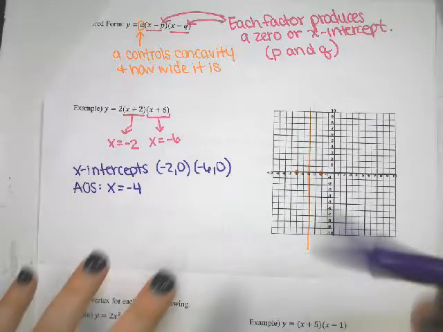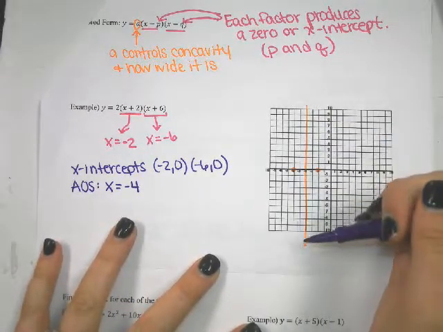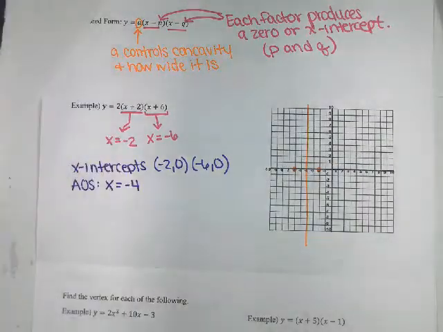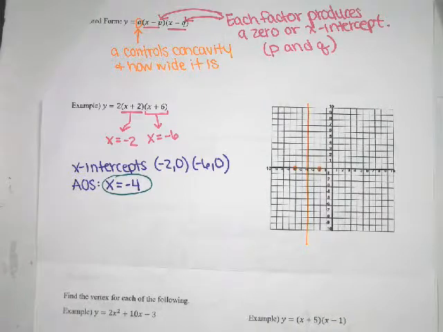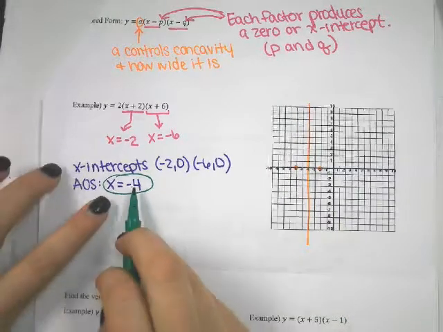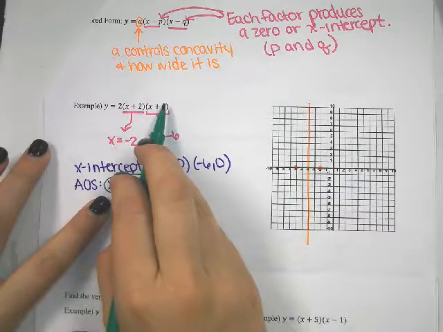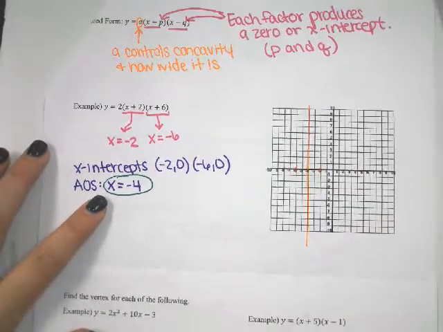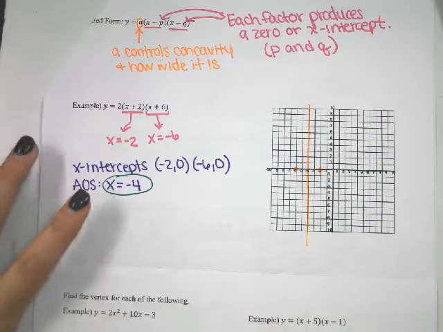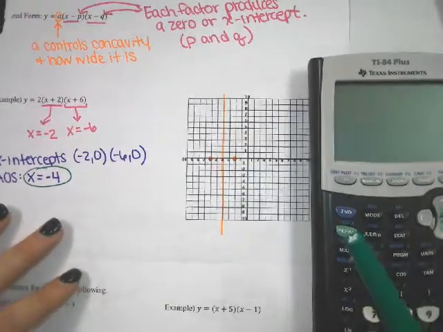In order to find my vertex, I know my vertex is along the axis of symmetry, which is x equals -4. Without using my calculator, I can plug -4 into the function and find the y value that falls on my axis of symmetry. Or we can use our graphing calculator.